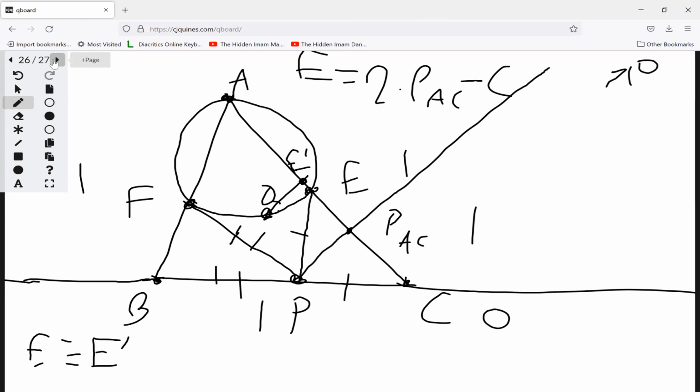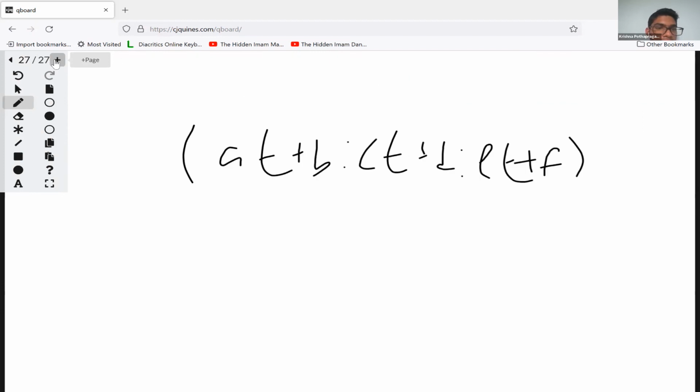Also, if we showed it's the same for just two cases, two cases would not be enough.